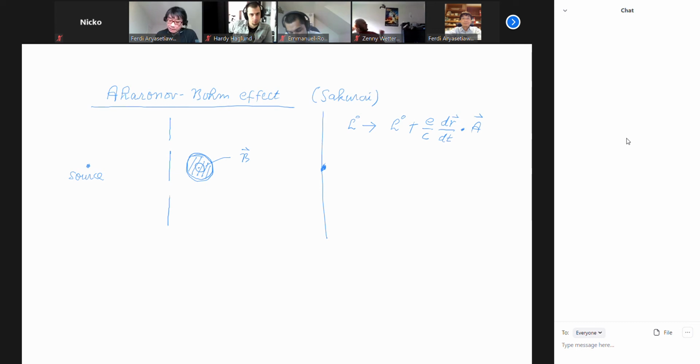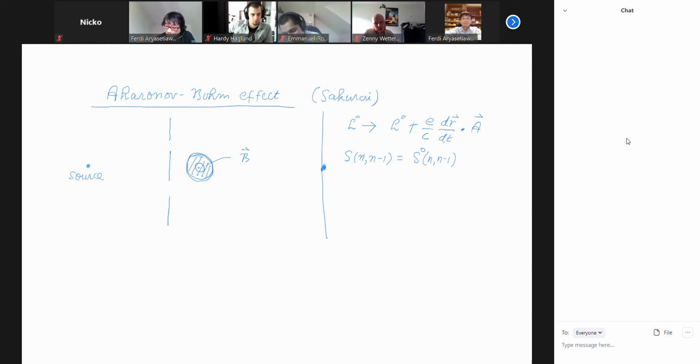So this means that the action, if we look at the action from two neighboring points, n and n minus 1, will be the original action plus this extra term.